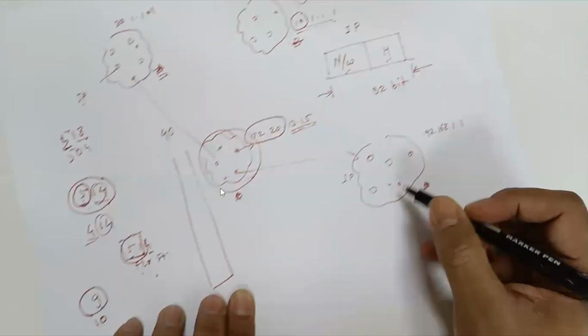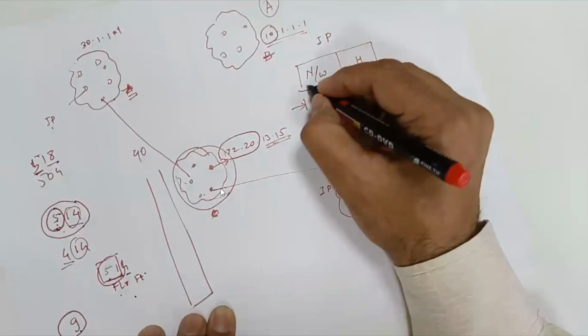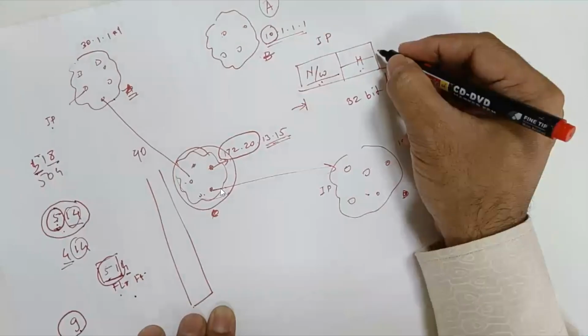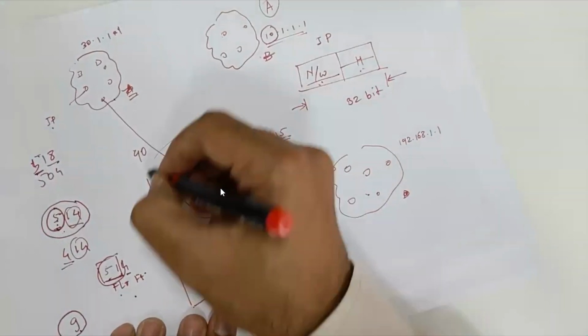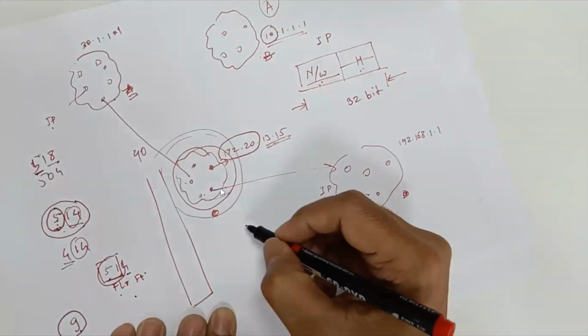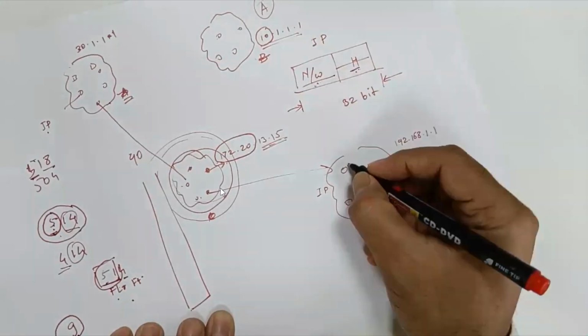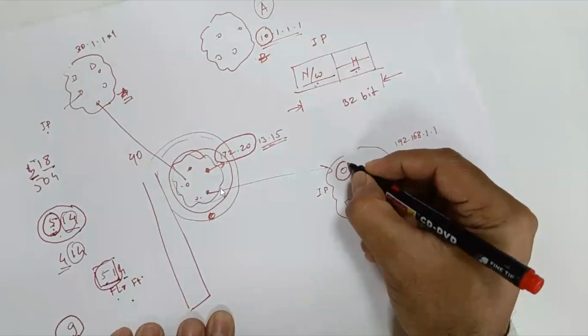When you have some values in the network part and no value in the host part, you are talking about the complete network. And if you have some value in the host part, you are talking about a particular machine in that particular network.